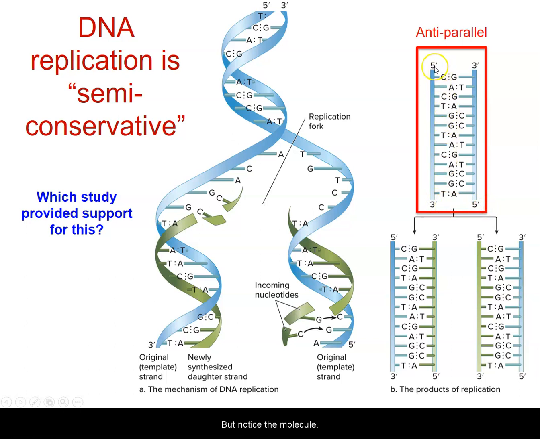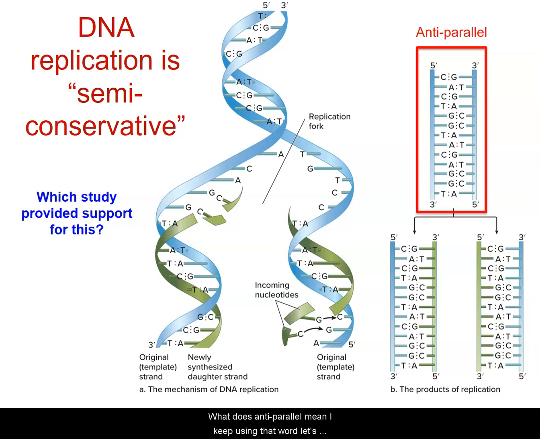But notice the molecule, 5' end of DNA is here, it ends with a 3', and alternately the other side bottoms out with a 5' and at the top has a 3'. So what anti-parallel means is that these two different parts of the molecule face the opposite side.